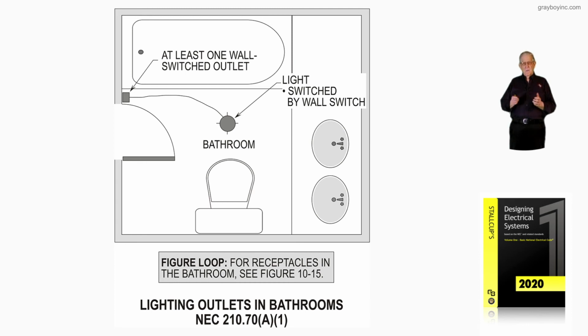So keep that in mind and review the figure 10-15 for receptacles in that bathroom. But this figure 11-7 is only illustrating lighting outlets in the bathroom in accordance with 210.70(A)(1).